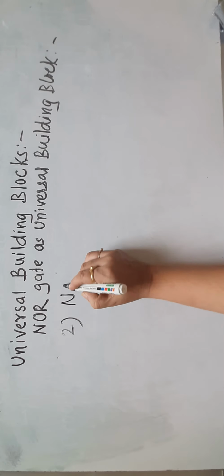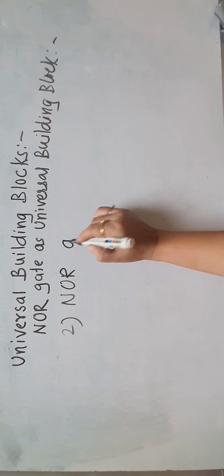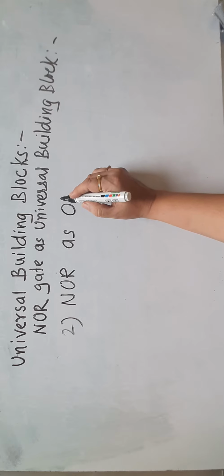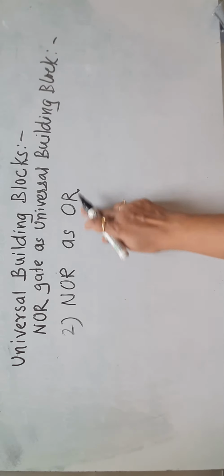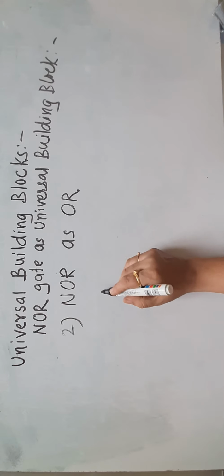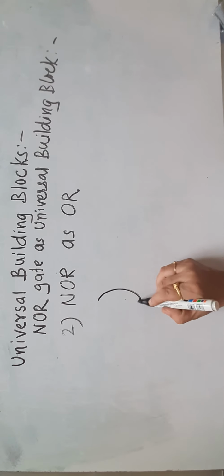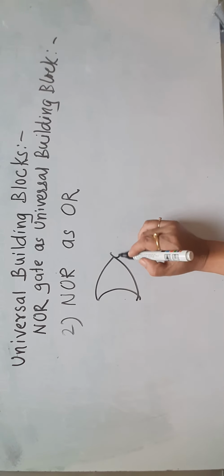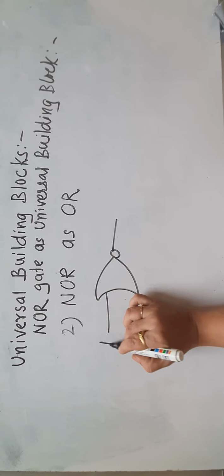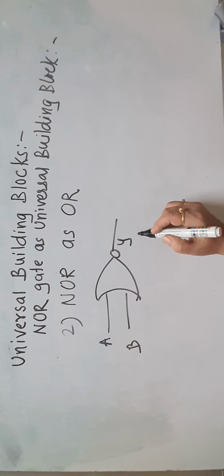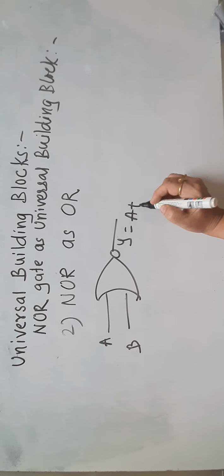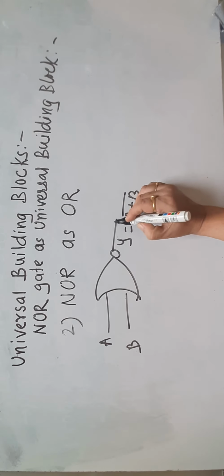Second, NOR as OR gate. So we have to construct OR gate using NOR gate. Now let's draw NOR gate. Its inputs are A, B, output Y equals A plus B whole bar.